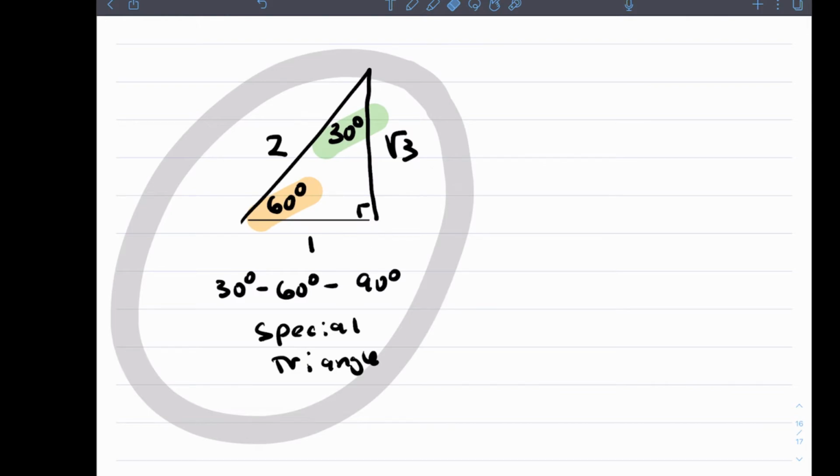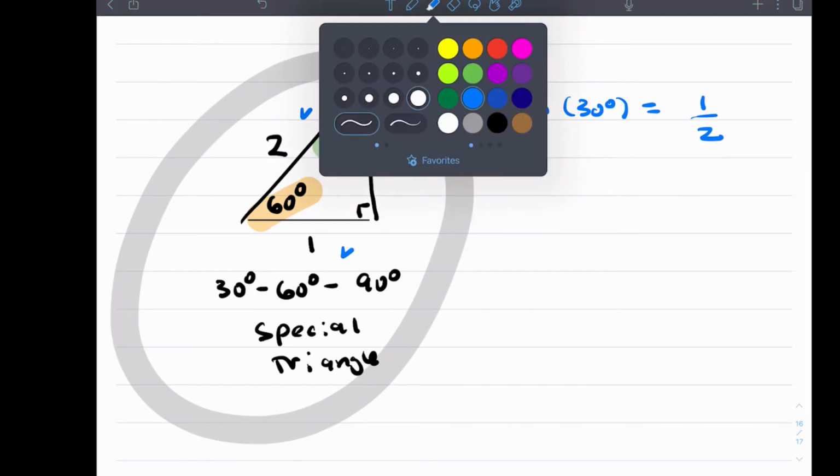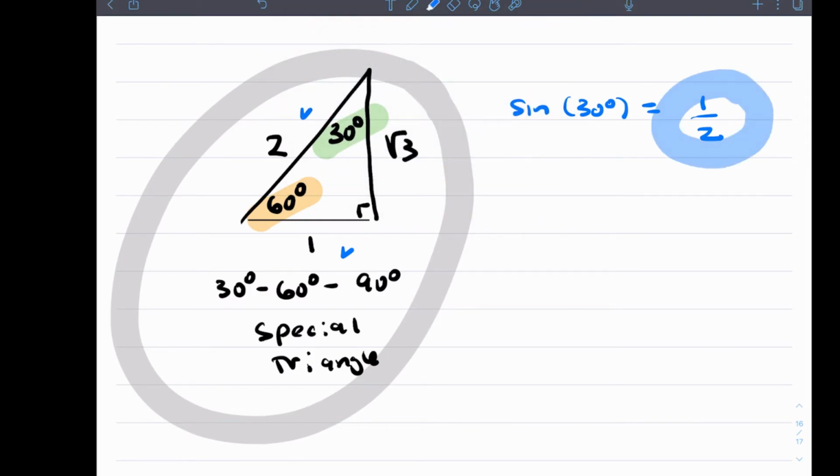We're going to do this with what? Sine of 30 degrees. What's sine of 30? What's the definition of sine? Opposite over hypotenuse, so that's 1 over 2. Is this a rational denominator? Yes, so you're done.